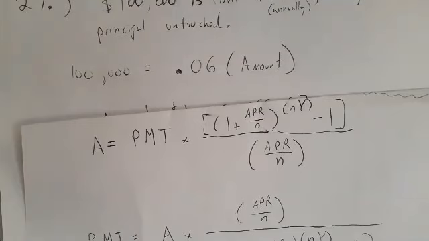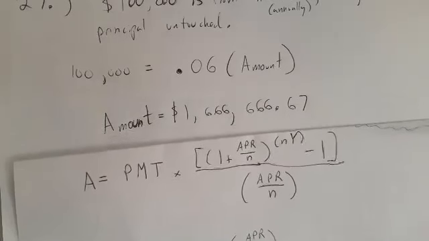100,000 divided by... I don't know what I'm doing wrong because I got more than 100,000. It should be more than 100,000, because 100,000 is your interest.